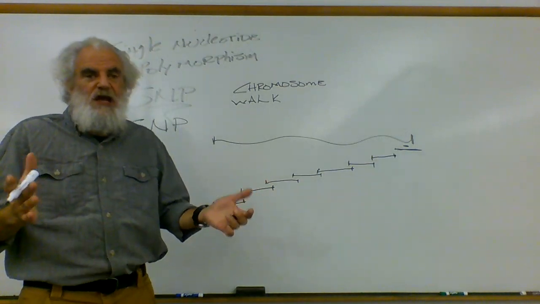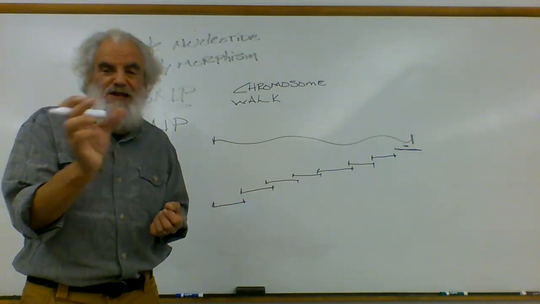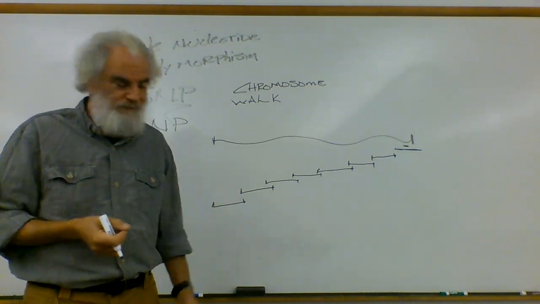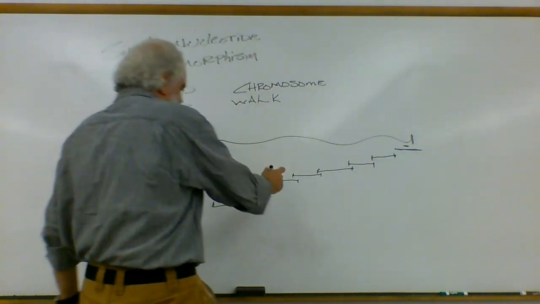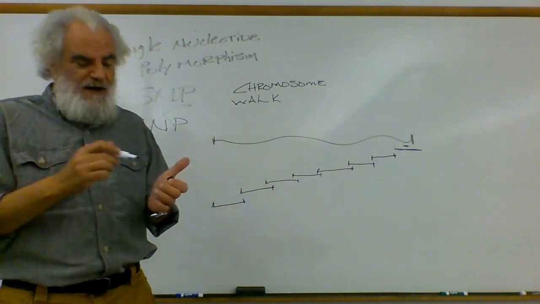And if it does, is it something that's specific to the brain? Does it make sense in terms of what the mutation is doing? And you can identify candidate genes and then begin sequencing them.